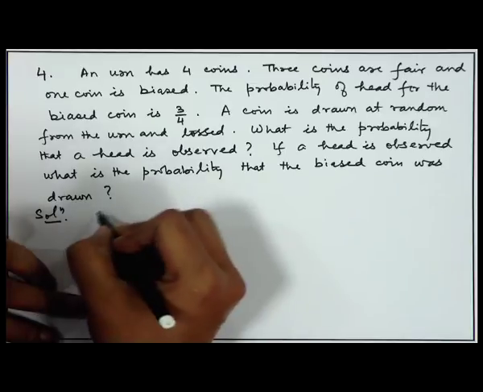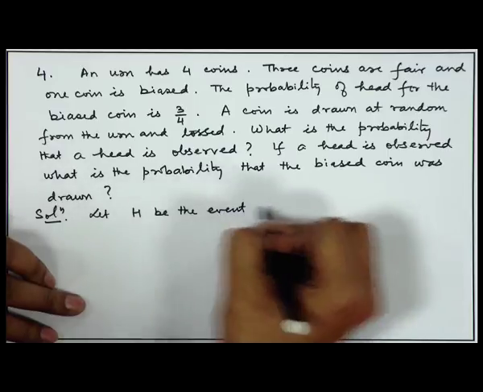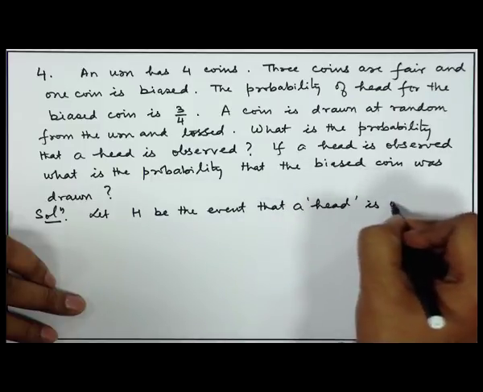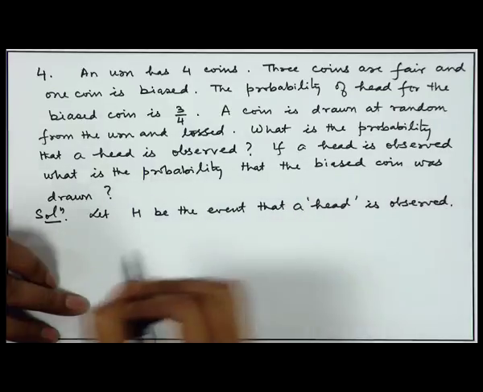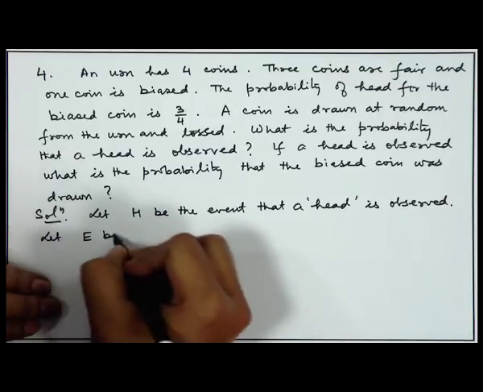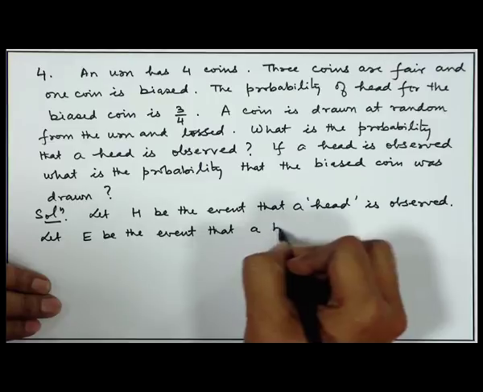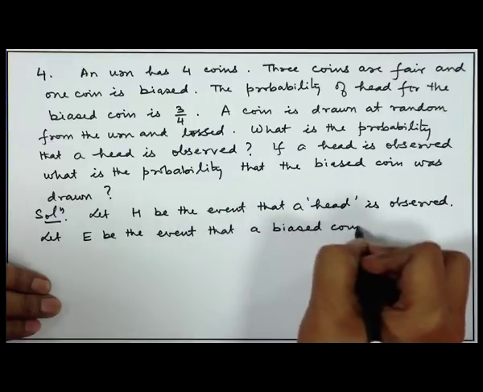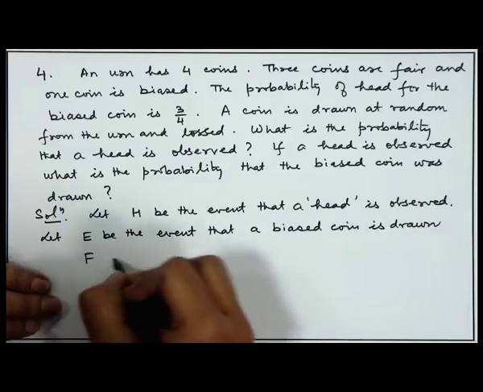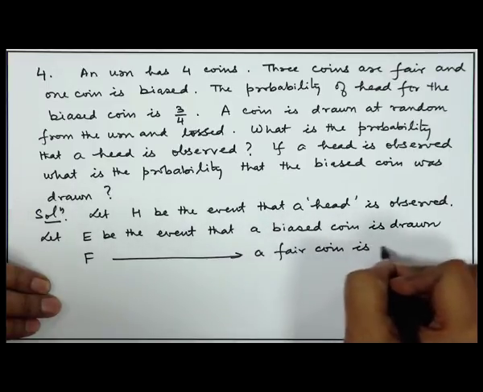So, I define some events. Let H be the event that a head is observed, and I also define events, let E be the event that a biased coin was drawn and F is the event that a fair coin is drawn.